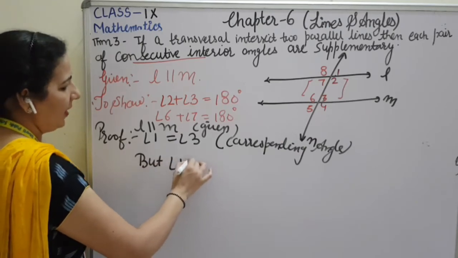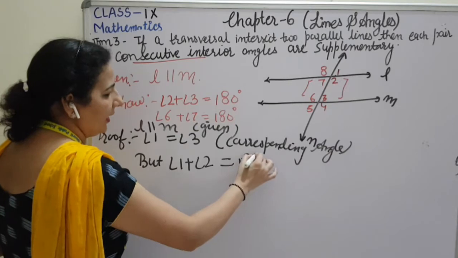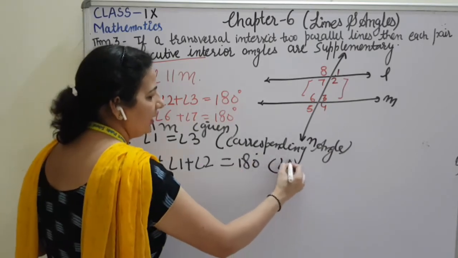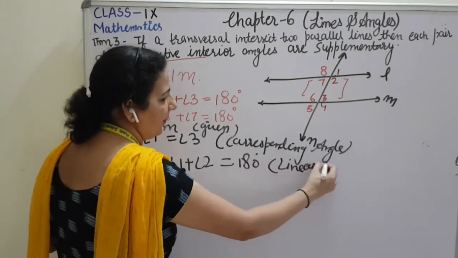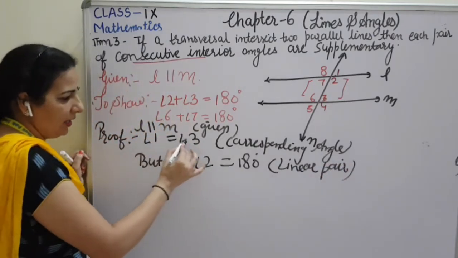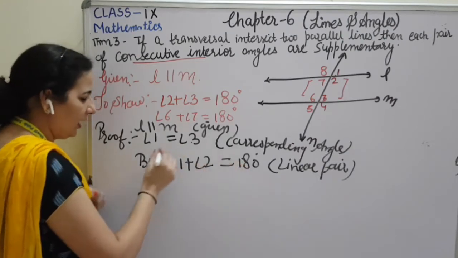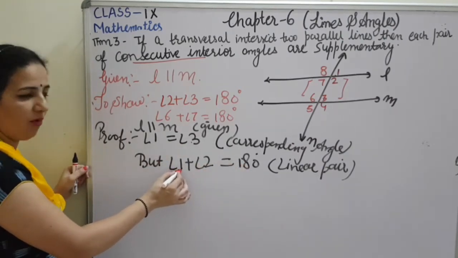But angle 1 plus angle 2 is equal to 180 degrees. Why 180 degrees? Reason is linear pair. See students, angle 1 is equal to angle 3, and angle 1 plus angle 2 is 180. So here I am going to change the name of angle 1.